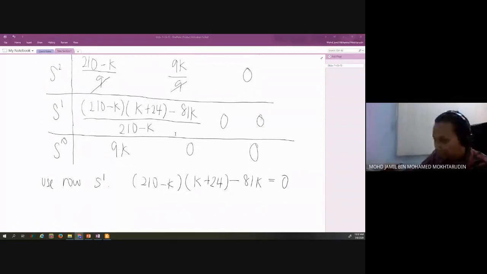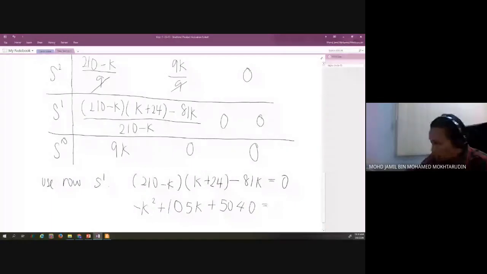Okay. So here row S1 you expand. So you get minus k squared plus 105k plus 5040 equals 0.